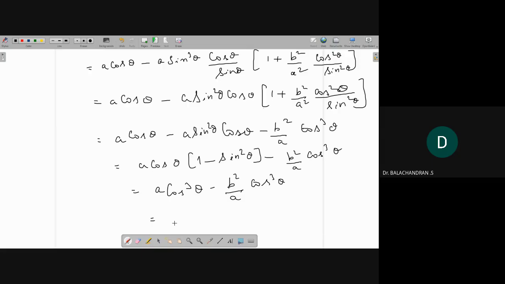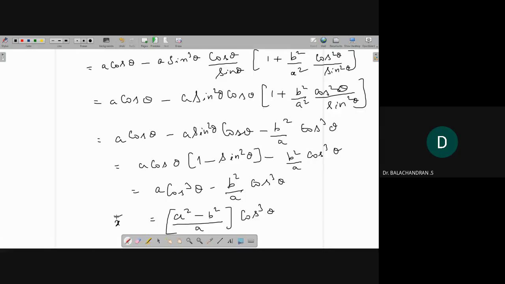So you'll get a square cos cube theta, and also you can take a cube common. So a square minus b square by a into cos cube theta. So first step you should take a as LCM and then you should take cos cube theta commonly. So this is your x bar.